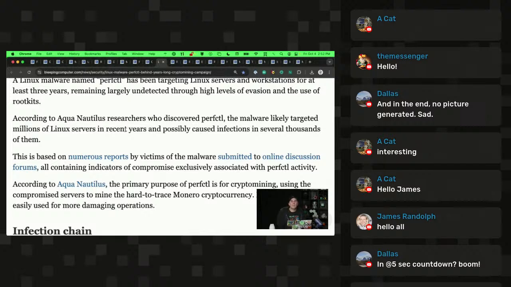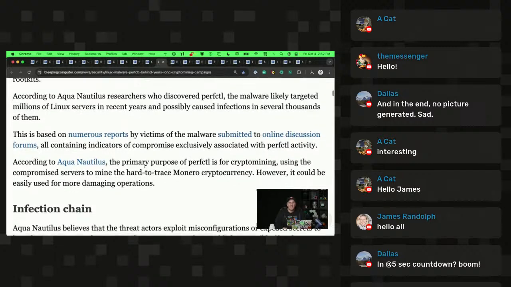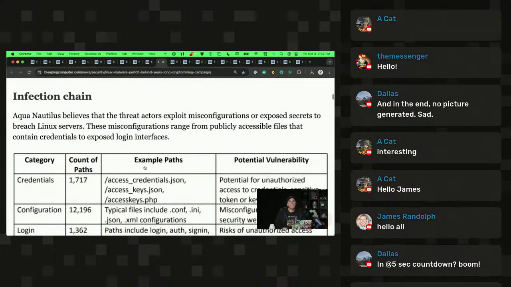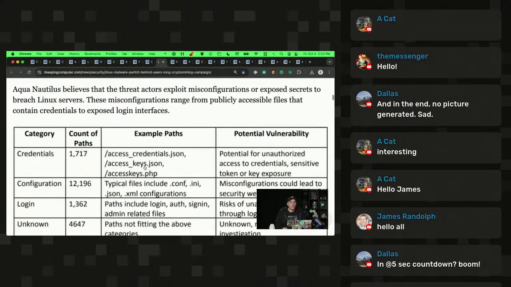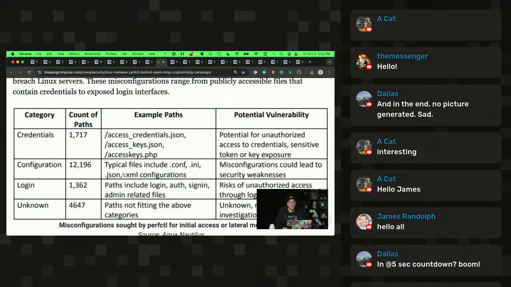So it would have extremely high CPU usage anytime it felt like it wouldn't be detected. It established all sorts of persistence to make sure if it was cleaned, then it could come back and attack again. And it leveraged a number of vulnerabilities or just exposed credentials in order to take over servers and then inject itself into them.